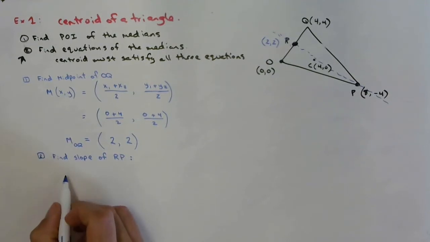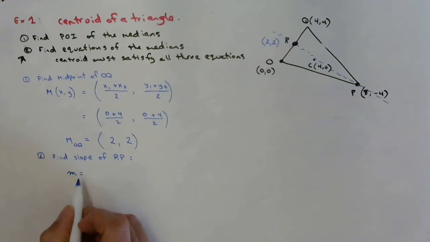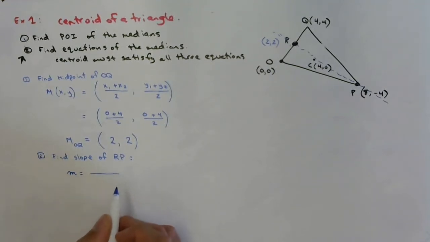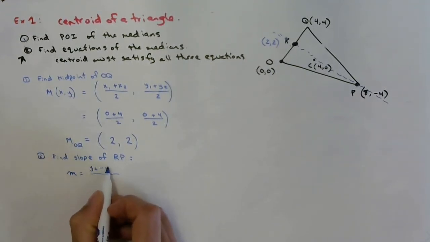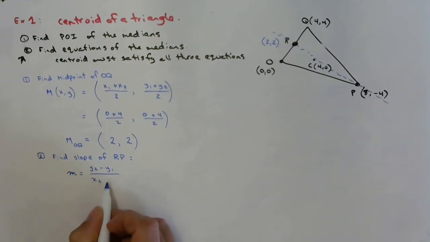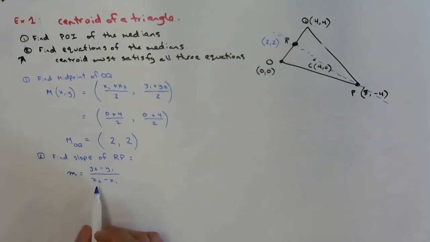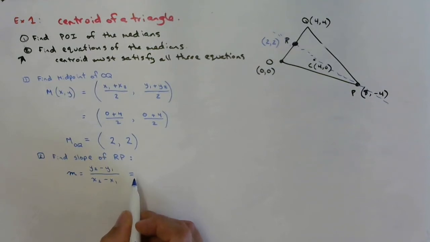All right, I have 2 points. Does anyone remember my slope formula? M lowercase equals y2 minus y1 over x2 minus x1. Thanks. It's rise over run. So the difference in my y's, difference means subtraction, and over the difference in my x's, I'm just going to work across here for a second. Doesn't matter which point I call point 1 and point 2, as long as I'm consistent.